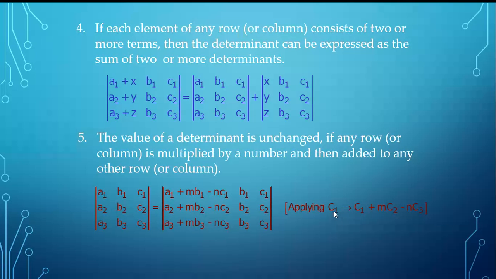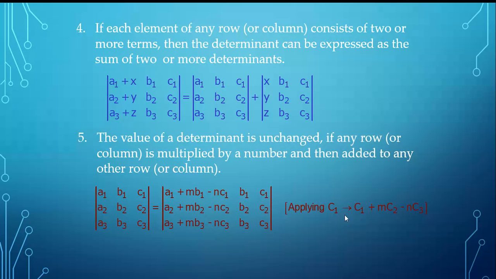Suppose we apply this operation to column c1, so that c1 is changed into c1 plus mc2 minus nc3. Only column c1 changes, and it becomes a1 plus mb1 minus nc1, a2 plus mb2 minus nc2, a3 plus mb3 minus nc3.